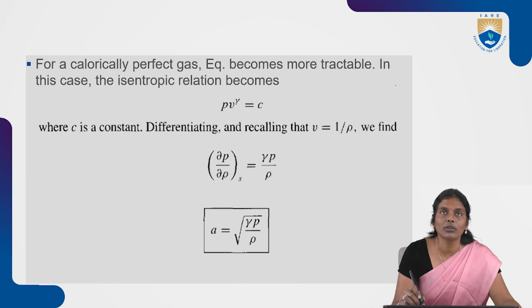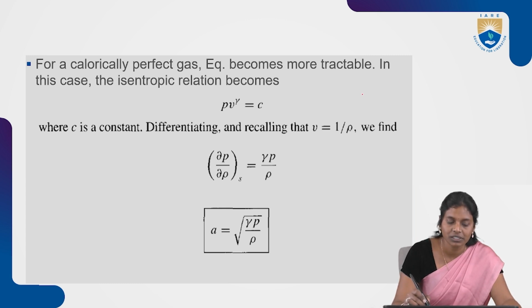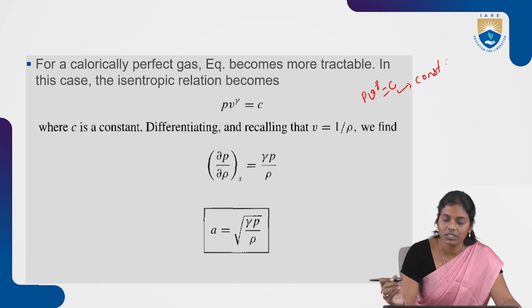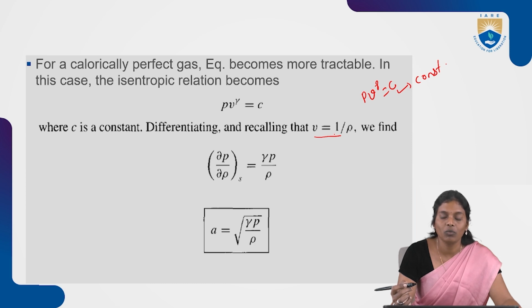Now for a calorically perfect gas, we know the isentropic relation is PV to the power gamma equal to C, where C is a constant. So we are going to differentiate, and we know the expression V equal to 1 by rho.